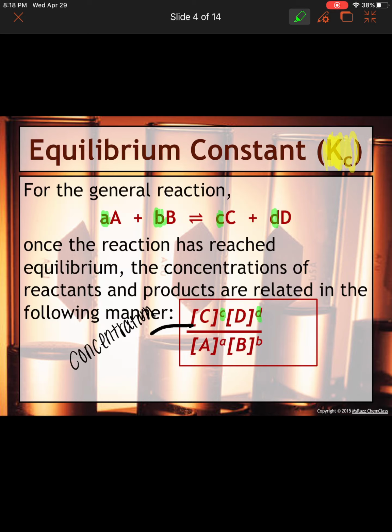That is divided by the same thing within your reactants, and that equals your equilibrium constant. So it is always your products over your reactants. Your exponents are the coefficients, not the subscripts. They are the coefficients of your balanced chemical equation. The concentration, or the brackets, is your concentration at equilibrium.